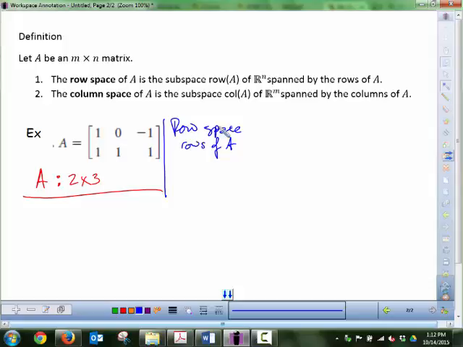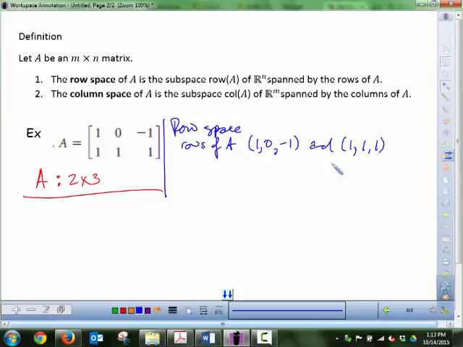We are all flexible by now, right? So I'm going to write it as a vector with commas, like a point. There's only 2 rows, so I can list them down. And here are my 2 rows. So the row space is the span of these 2 rows.